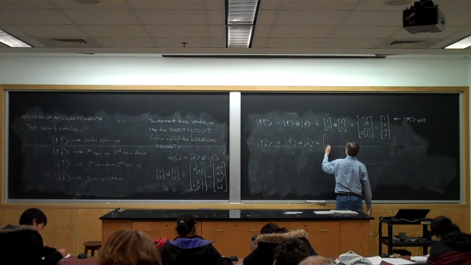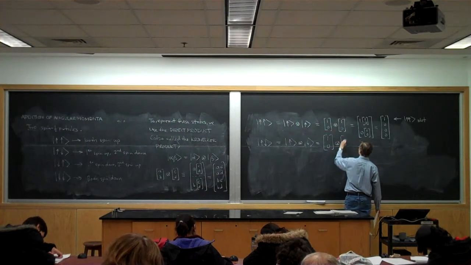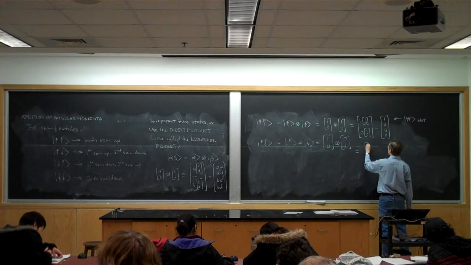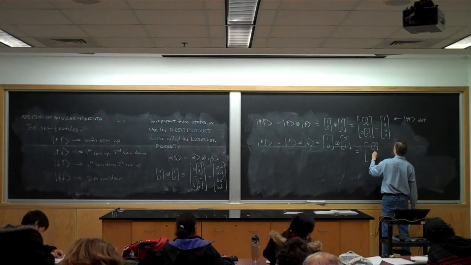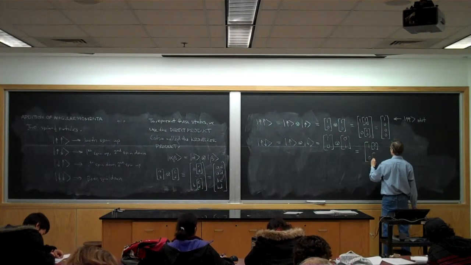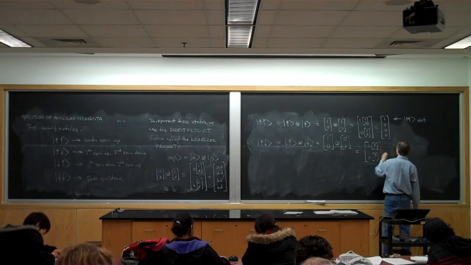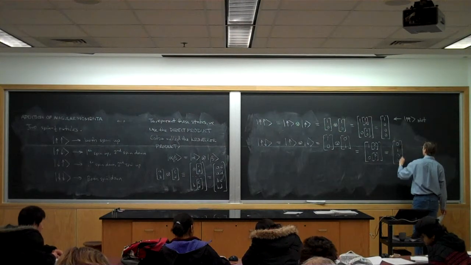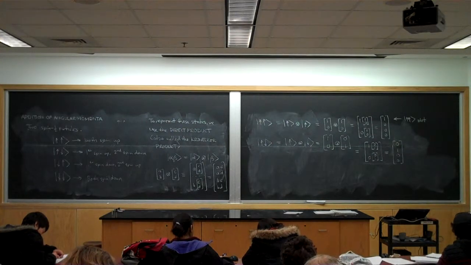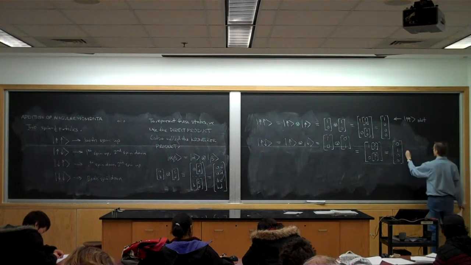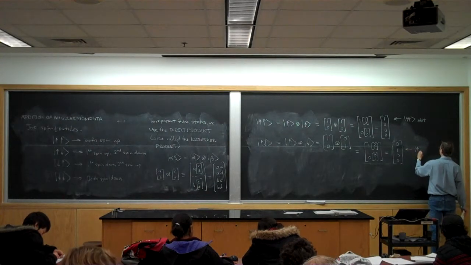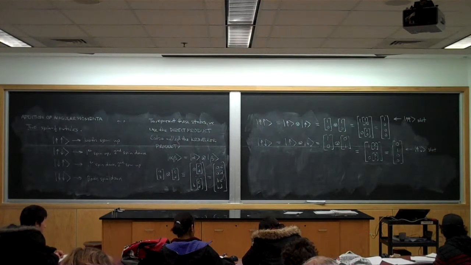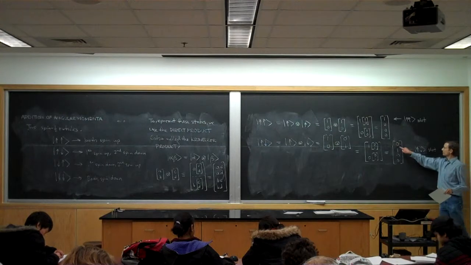So now that's 1, 0, direct product with 0, 1. And then that says 1 times the second spinor for the top two components, 0 times the second spinor for the bottom two components. So I get a 4-component vector 0, 1, 0, 0. So in other words, the second slot down is the up-down slot. So if the first particle is spin up, the second particle spin down, I represent that with 0, 1, 0, 0.